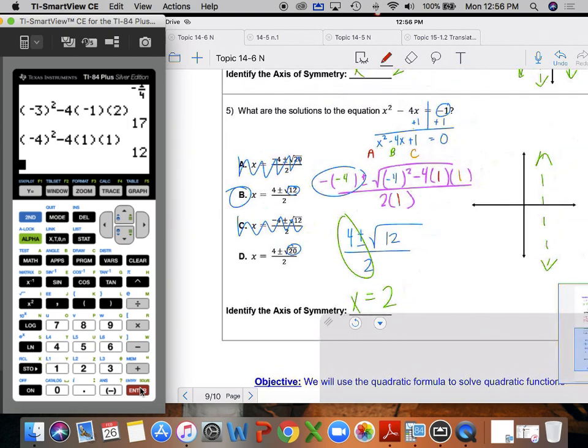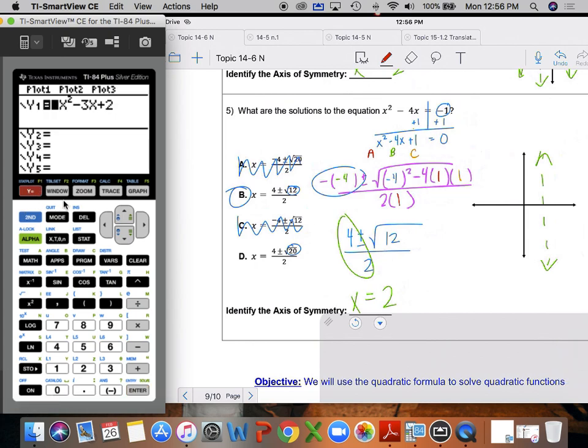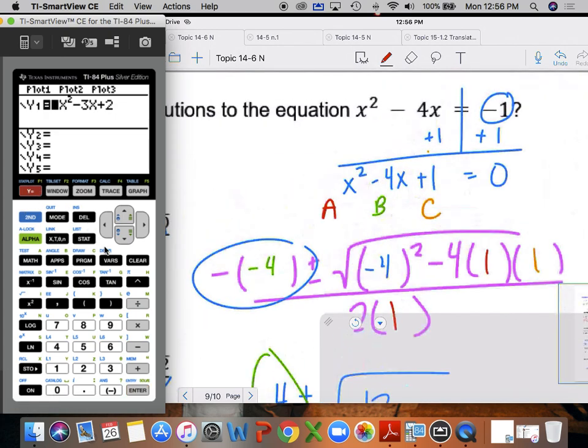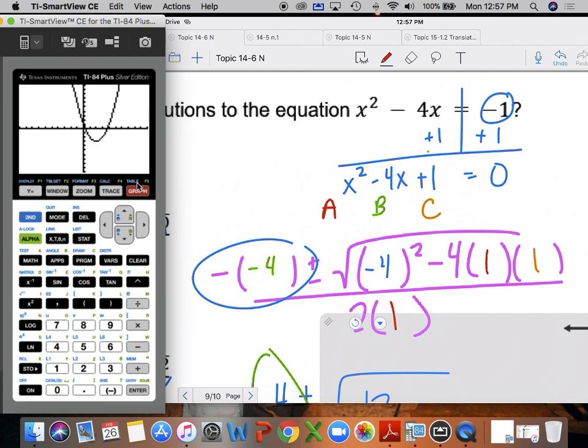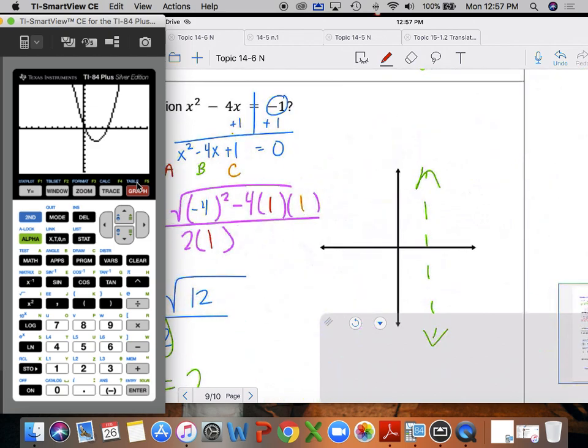And to draw my graph, I'm going to plug in the blue equation. So x squared minus 4x plus 1 looks like that. And after I find my two solutions, I will be done.